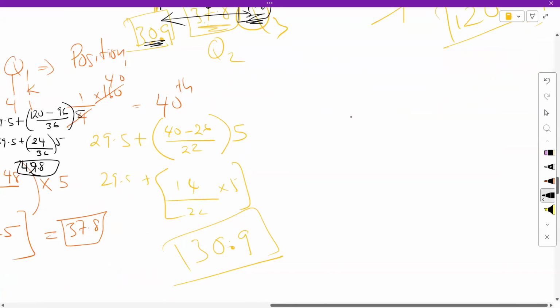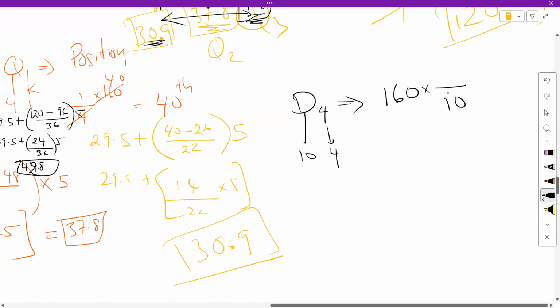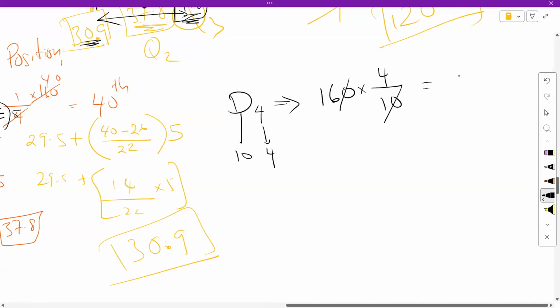Likewise, we may identify D4, decile 4. D means 10, K is 4. First we have to identify the position: 160 employees into 4 over 10, which gives location 64.